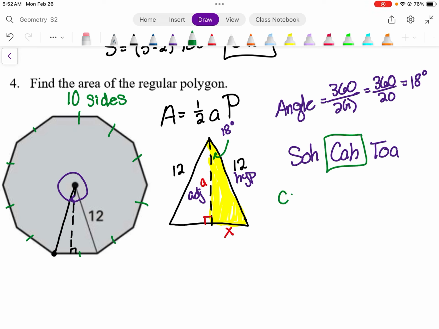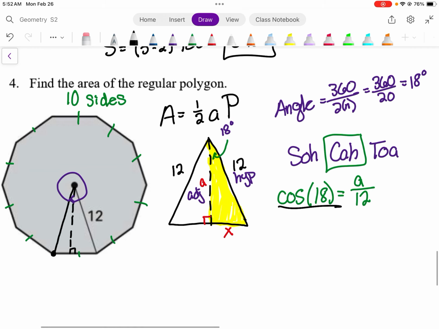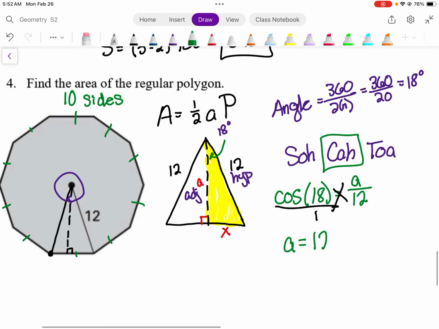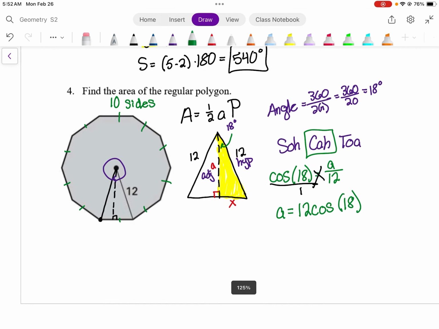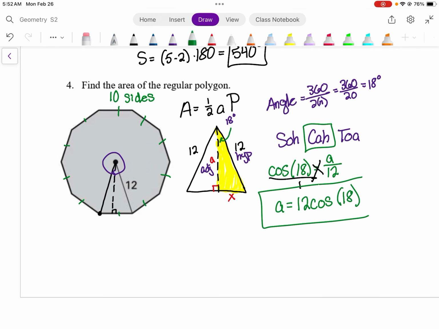So we're going to start with cosine of 18 equals a over 12. Once we get here, we can cross multiply and get a by itself. And remember, you should not type anything into your calculator until you are plugging in the area formula. So this is our apothem. We're going to leave it in terms of cosine until we find our area.